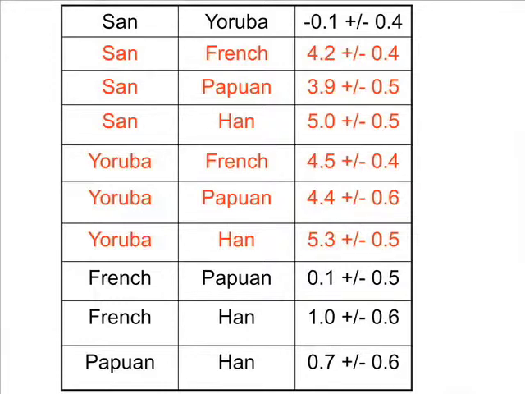But any comparison between an African genome and a non-African genome revealed a large and statistically significant excess of the Neanderthal matching the non-African genome. So the Neanderthals more often match any of these three non-Africans than any of the two Africans that we have. We find Neanderthal genes more often in non-Africans than Africans.